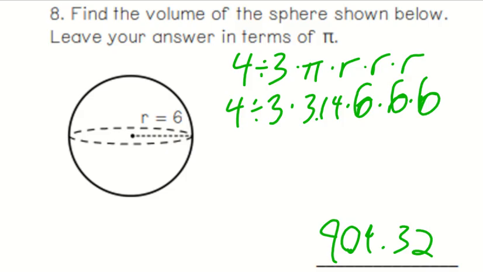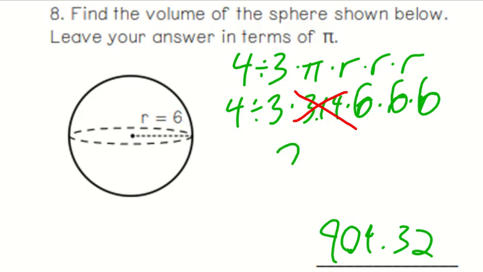Okay? Now, I said I'd explain what it's asking you there. It says in terms of pi. Anybody remember what that means we do? When it says to answer in terms of pi, we're going to leave out pi. So I just do 4 divided by 3 times 6 times 6 times 6.